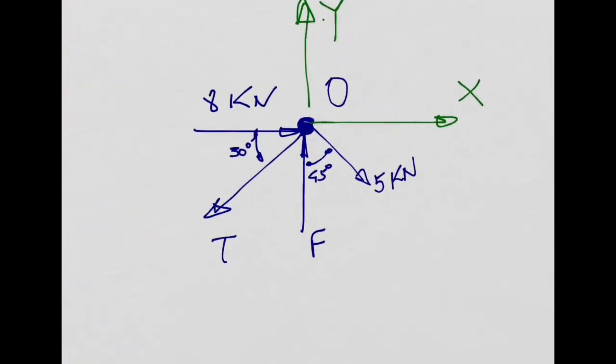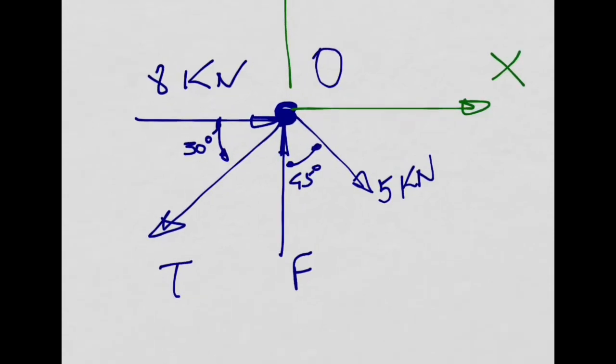How do I obtain the x component of this vector? I'm going to use the red color here. So my x component is going to be this one. Right? And I can say that this component here is, you tell me, what do you think? 5 cos 45. Very good. Right?